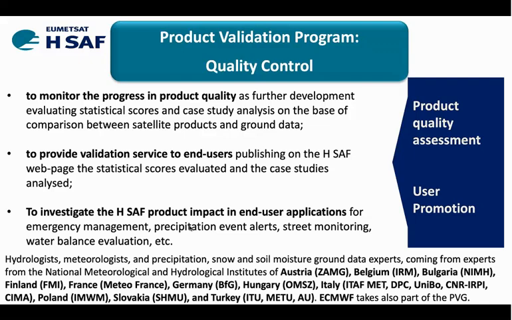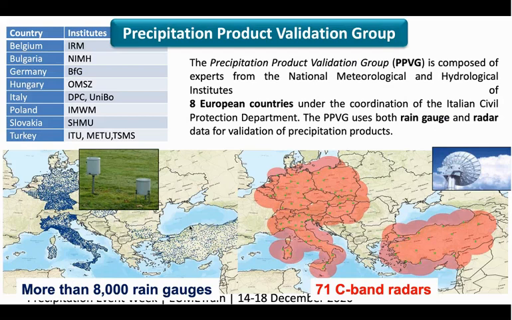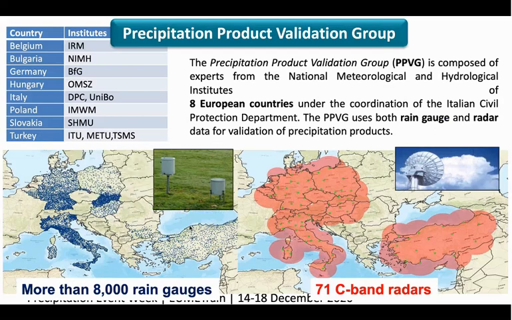Of course, it is very important to be close to the users also, and the product quality assessment has to provide information to them. This is an example of the ground data that we use, for precipitation in particular. We use more than 8,000 rain gauges and 71 C-band radars.